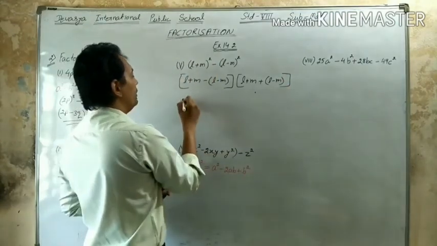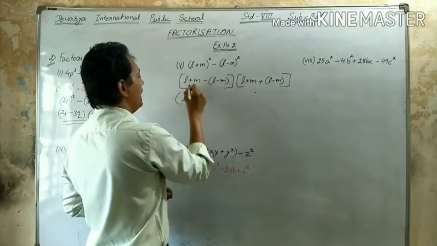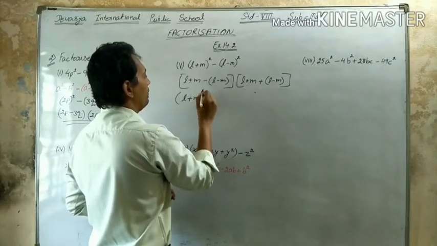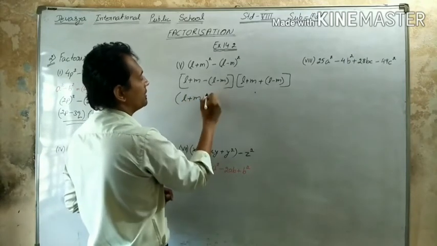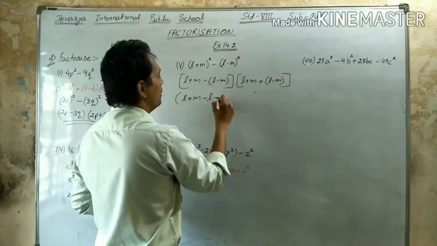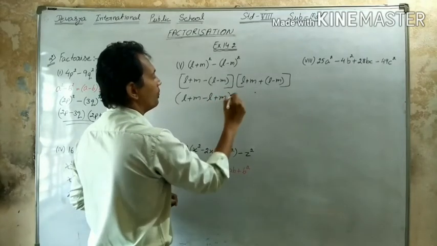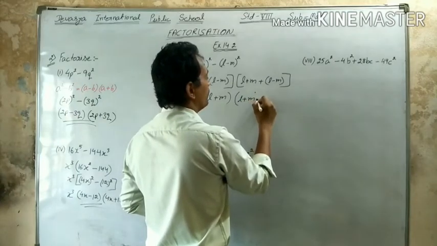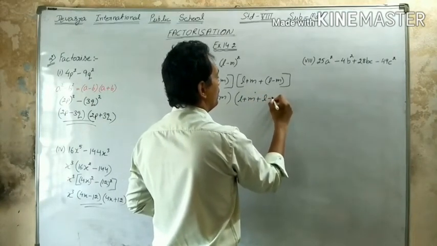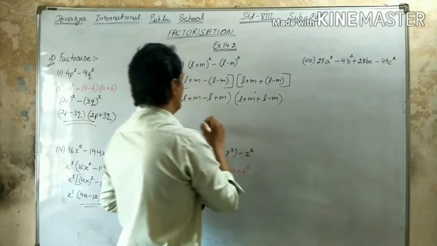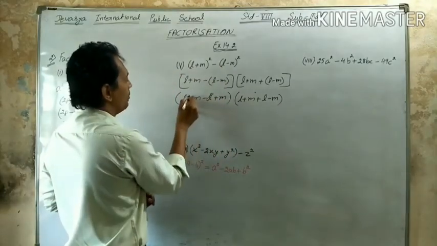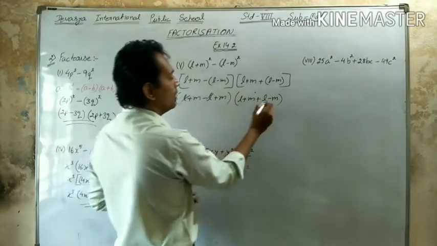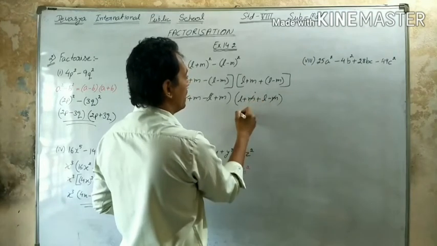We need to open the bracket. L plus m, this minus gets multiplied inside, so minus L plus m, and then L plus m plus L minus m. You see, minus L plus L gets cancelled, minus m plus m gets cancelled.